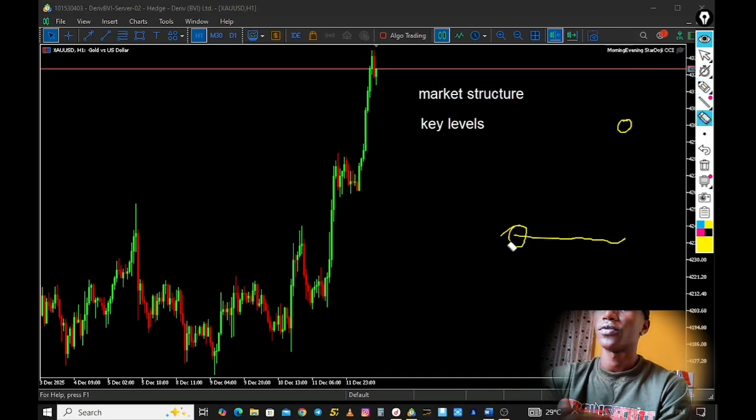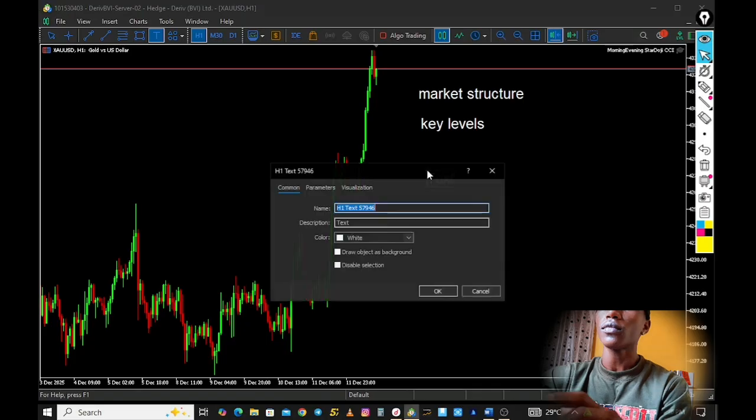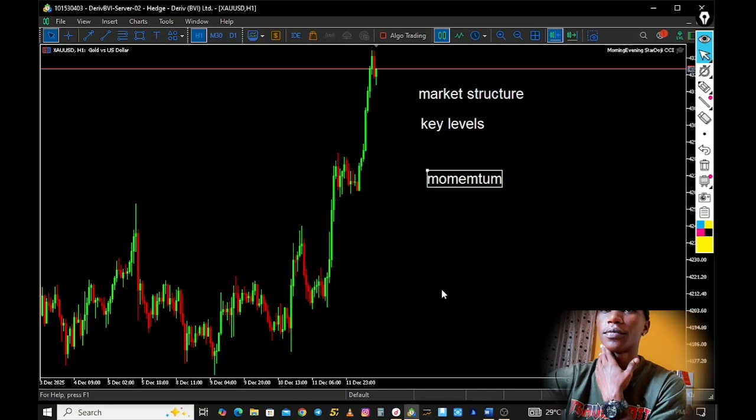Let me first clear off these ones and I'll show you the third principle. The third principle is called momentum. Yes, momentum.